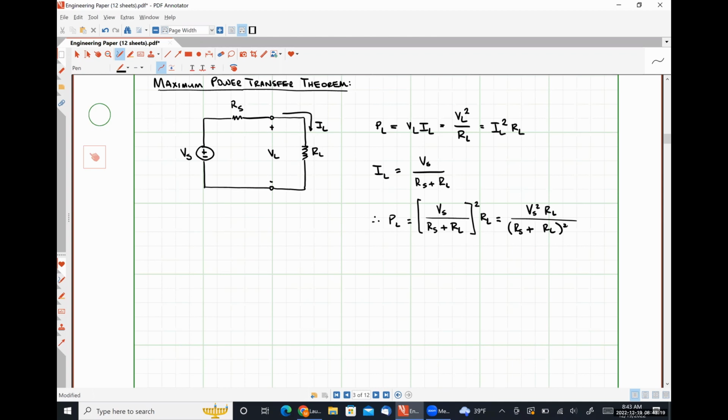So here I'm going to make a little graph. This is going to be PL as a function of RL.